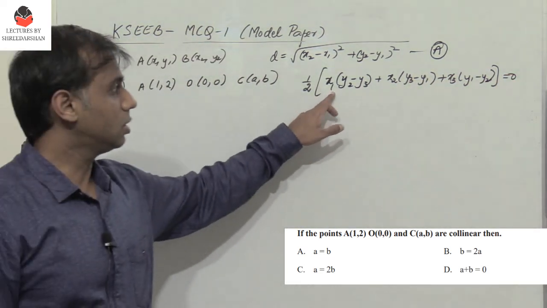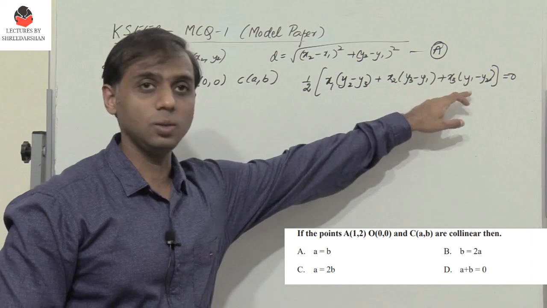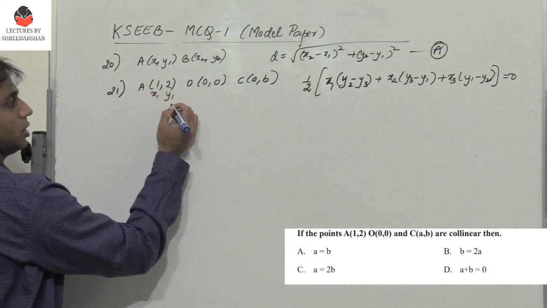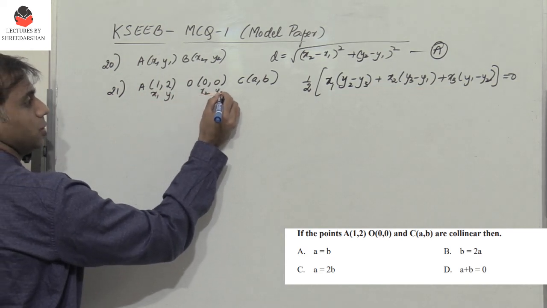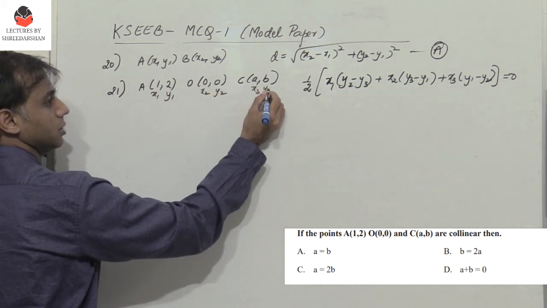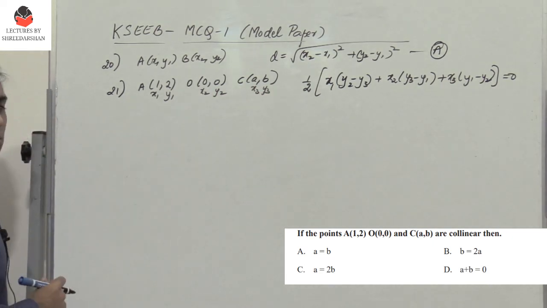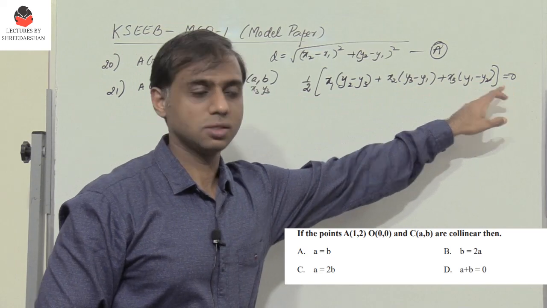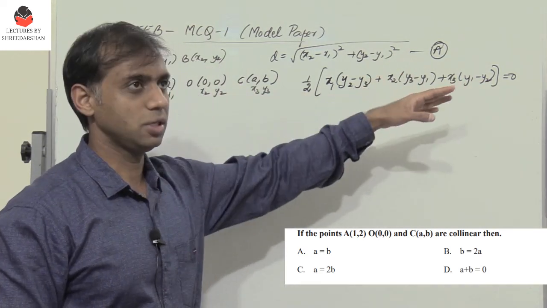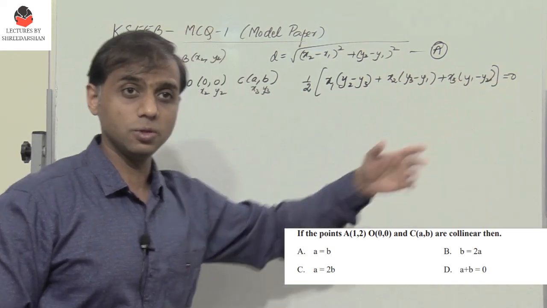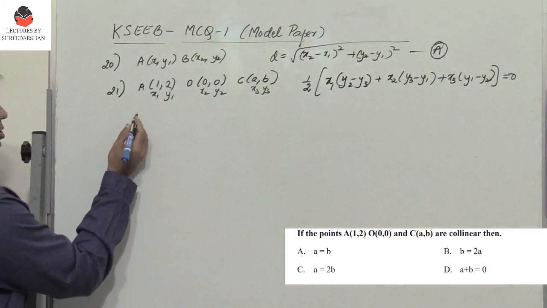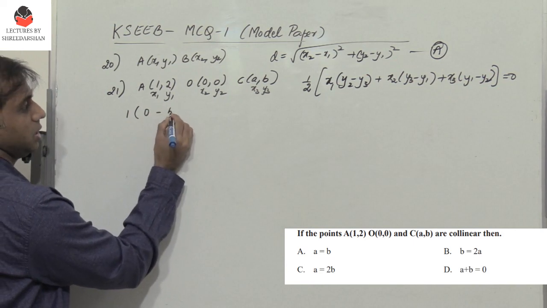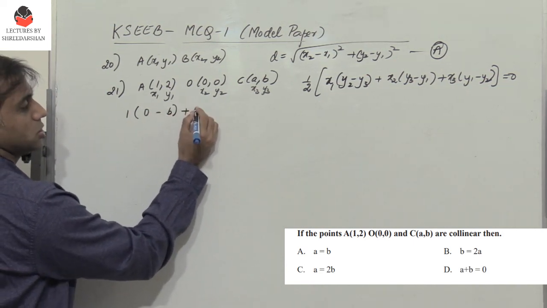So this is in order 1 2 3, 2 3 1, 3 1 2. Now x1 is 1, y1 is 2, this is x2 y2, and this is x3 y3. Let me substitute. I take this half to the other side, so that is going to be 0 here. So this expression should be equal to 0. x1 is 1, y2 is 0, minus y3 is b, plus x2 is 0.